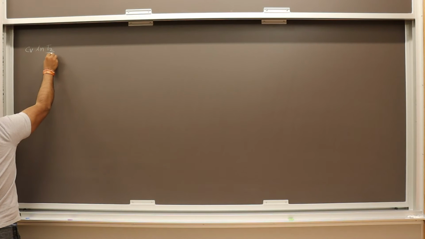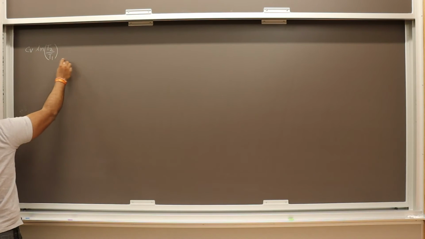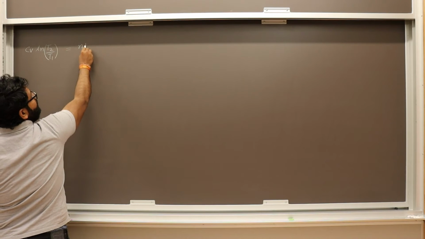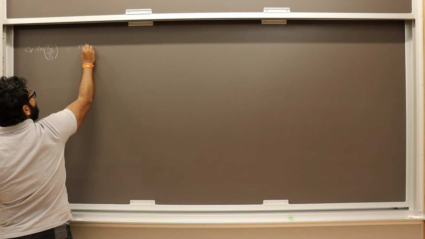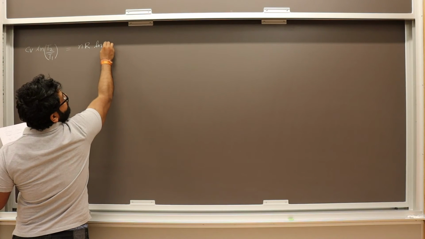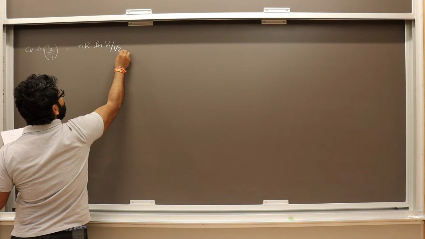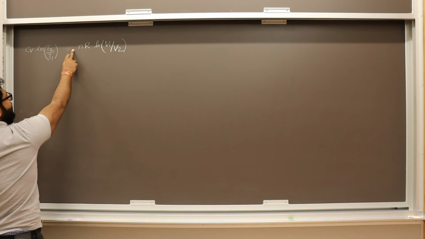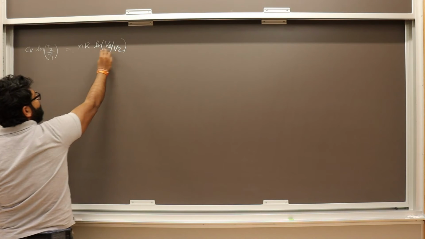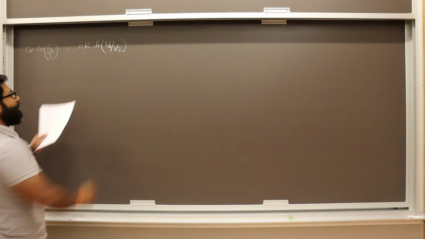So this is Cv ln T2 by T1 is equal to nR ln V1 by V2. Remember, we took the negative sign inside, so the denominator and the numerator inside this logarithmic term have interchanged.